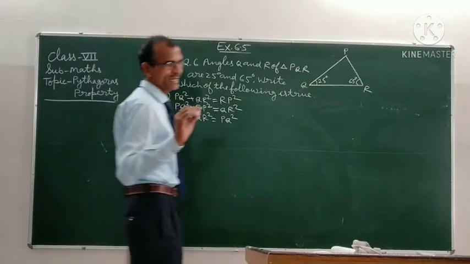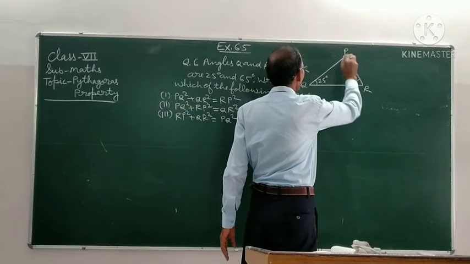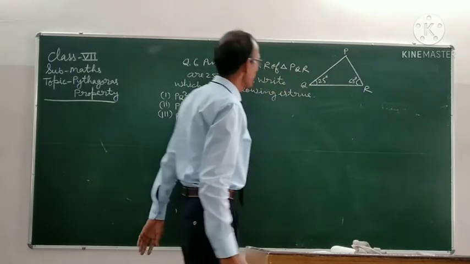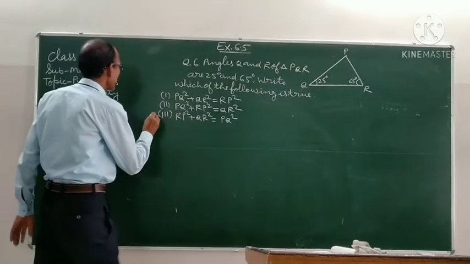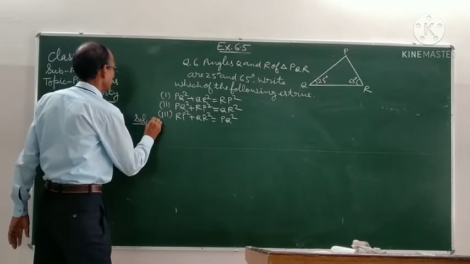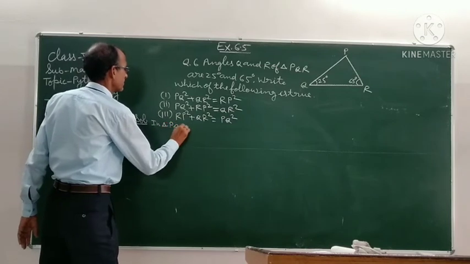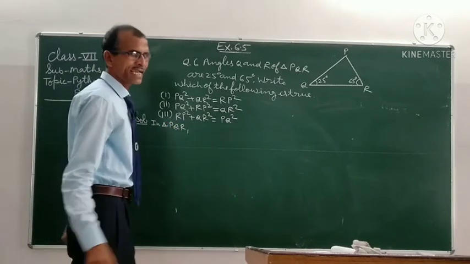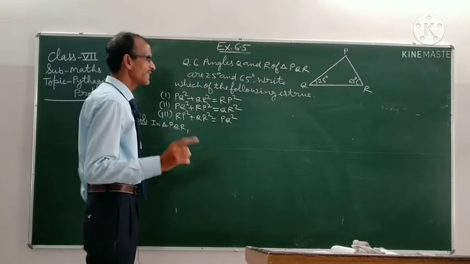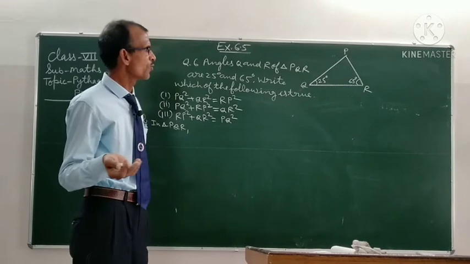First we will find the value of angle P in triangle PQR. By angle sum property of triangle, we know that sum of all the three angles of a triangle is 180 degree.